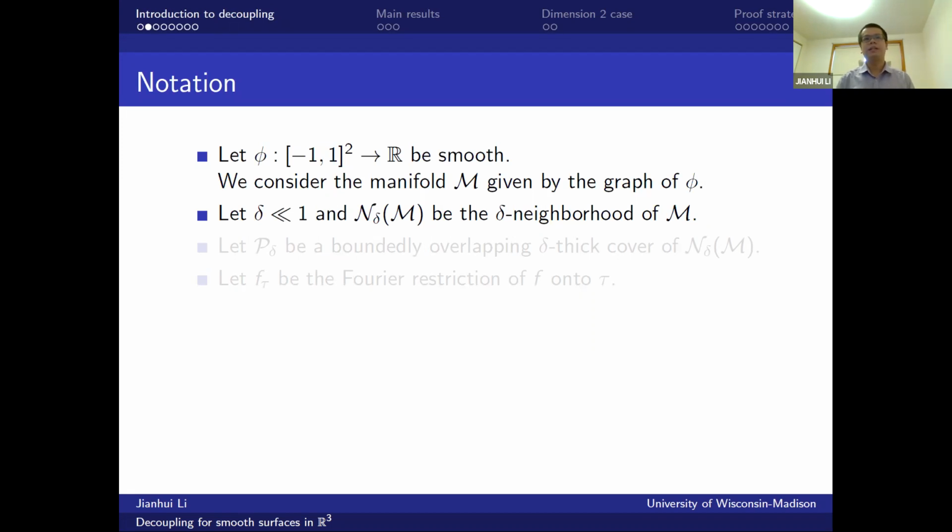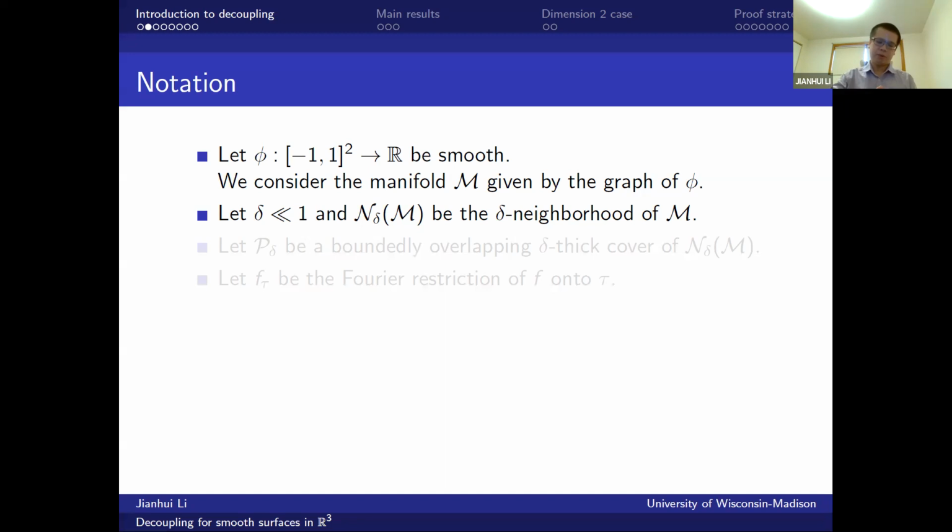Usually we consider a manifold given by the graph of a function phi, and we'll mainly focus on R3 today, and on smooth functions phi or smooth manifolds. We consider some very small delta, and the delta neighborhood of this manifold.